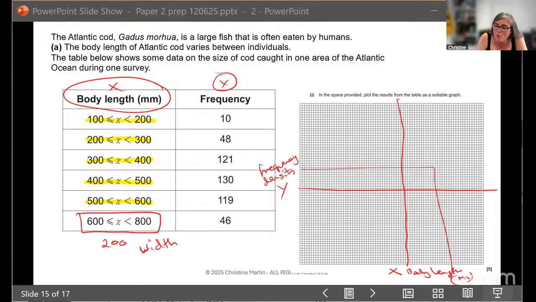Don't make it too small, but don't make it so large that it's not a good scale. We're looking for a linear scale. So if I'm starting this and I want to go from the 100 and make my way up, I would want to plot using that.